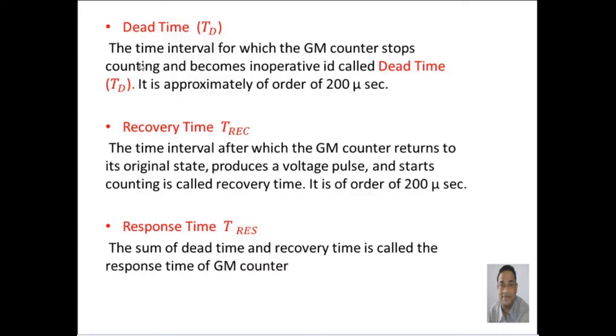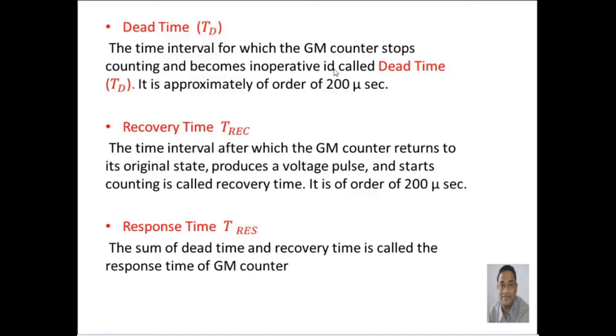Now there are some particular parameters for a GM counter. The first is dead time. It is denoted by TD as shown in the bracket. The time interval for which the GM counter stops counting and becomes inoperative is called the dead time, TD.